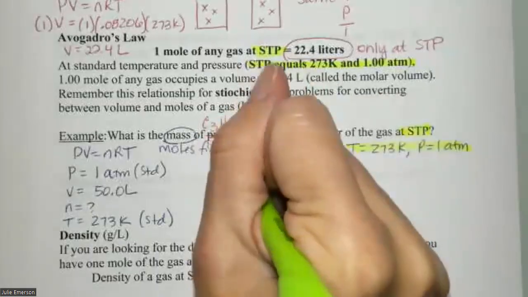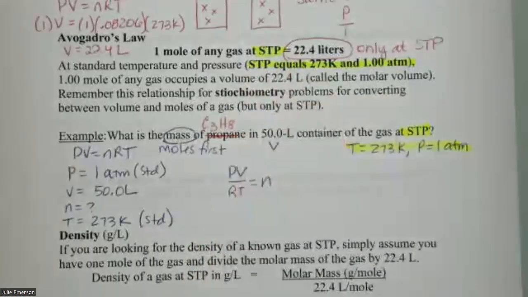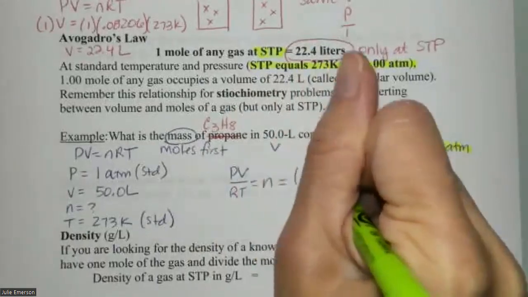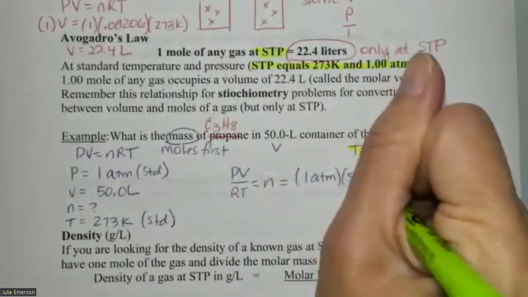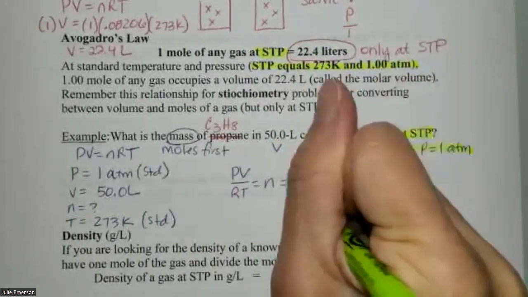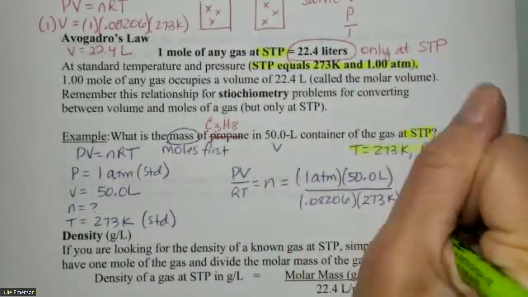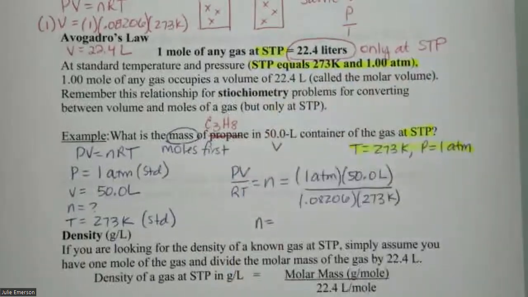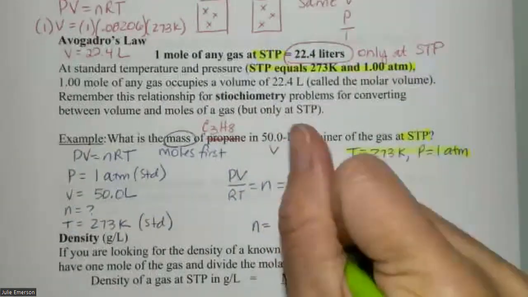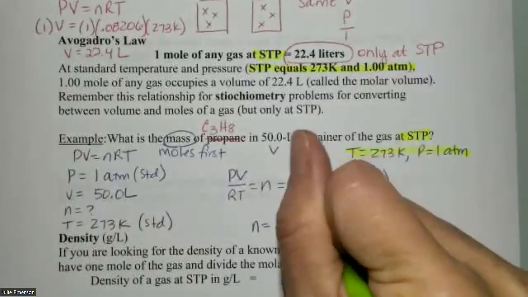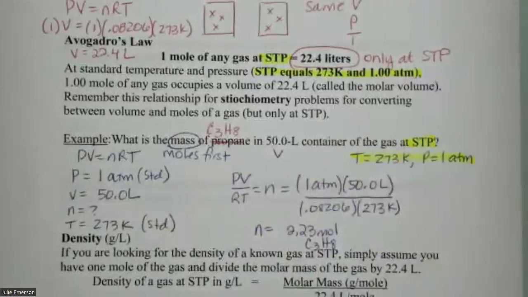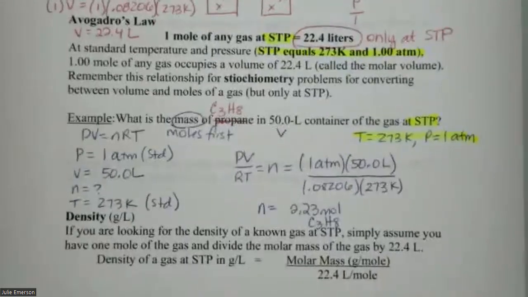I'm going to take PV divided by RT to get moles: pressure 1 atm, volume 50 liters, R 0.08206, and temperature 273. So I got 50 liters divided by 0.08206 divided by 273, which is 2.23 moles of C3H8 propane. Then the question is, what mass would that be?